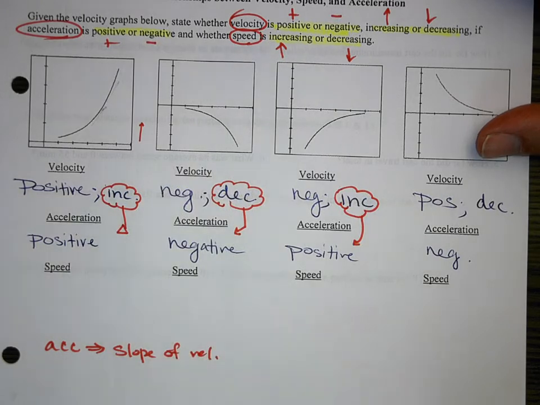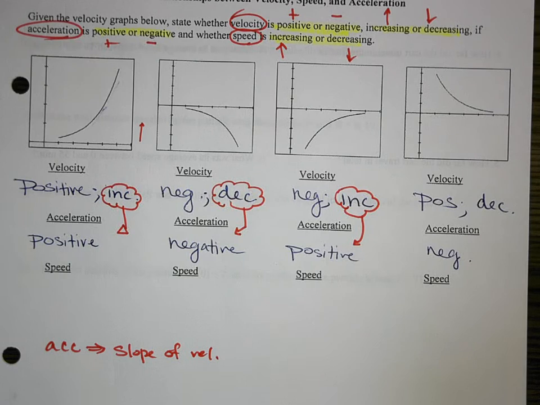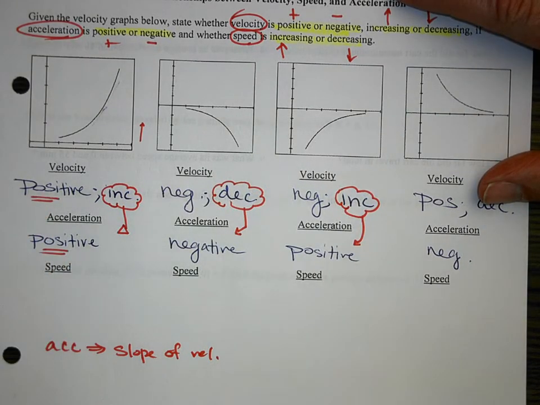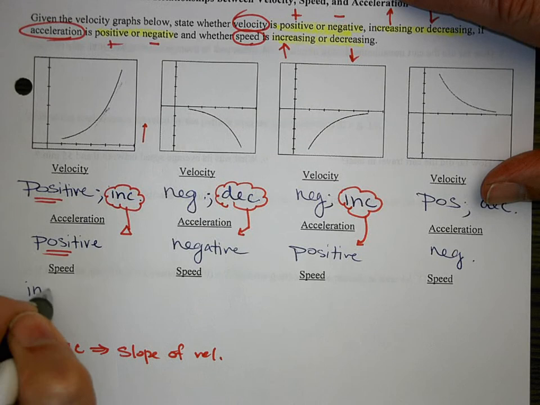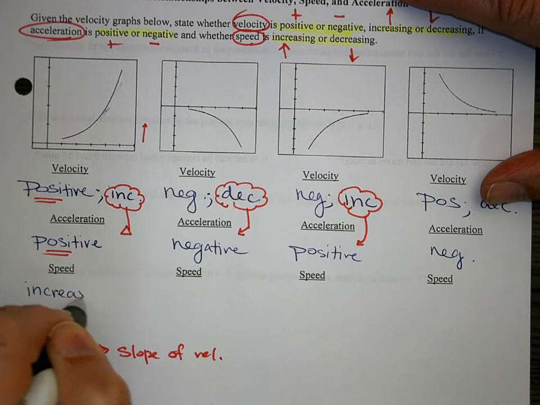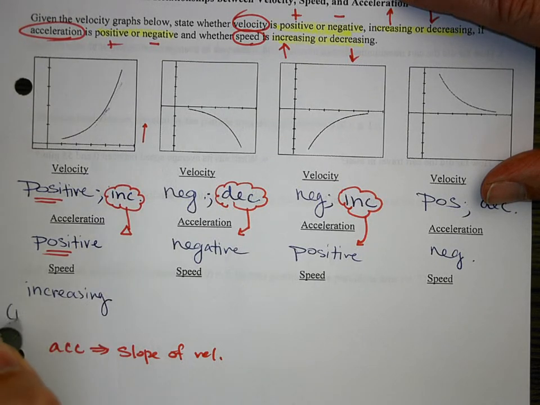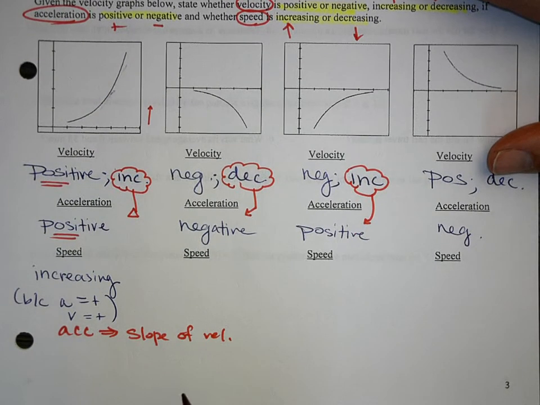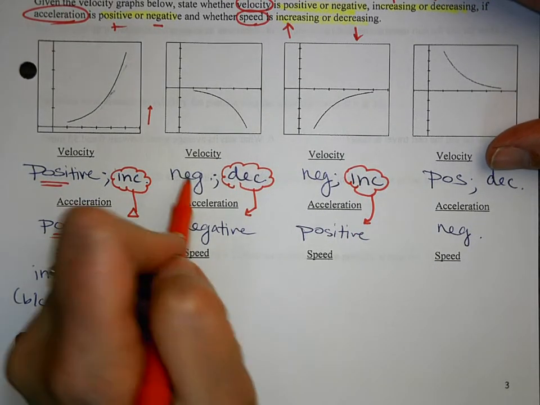Okay. All right, so what do I know about speed? Speed had to do with whether they have the same sign. These are both positive, so that means speed is increasing, right? And again, that's because acceleration was positive and velocity was positive. Okay. So right here we have that velocity is negative and acceleration is also negative.